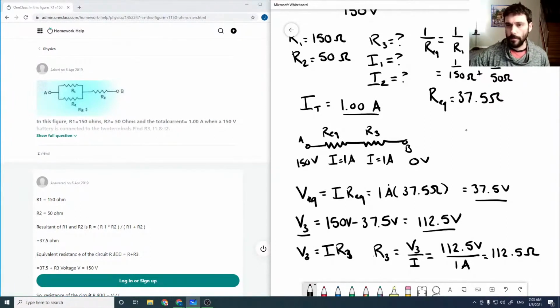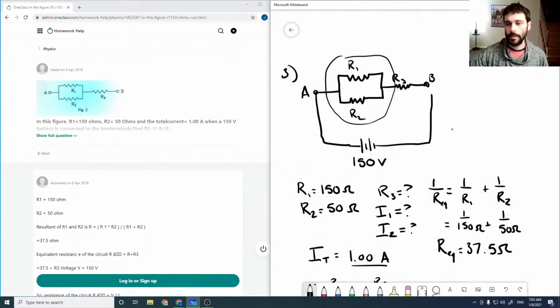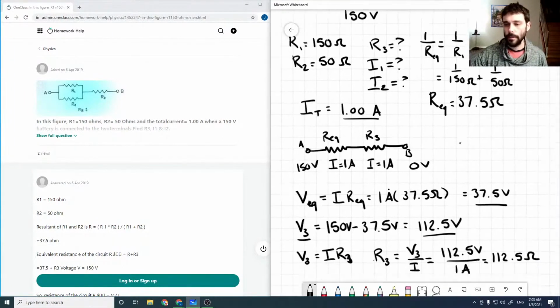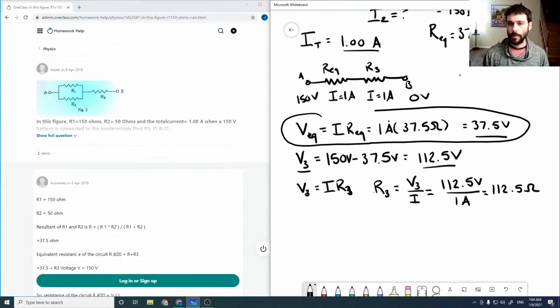Now, to compute I1 and I2, we use the fact that we don't use that current is the same, but instead that voltage is the same in a split. And we know that the voltage drop in the equivalent resistance is 37.5.